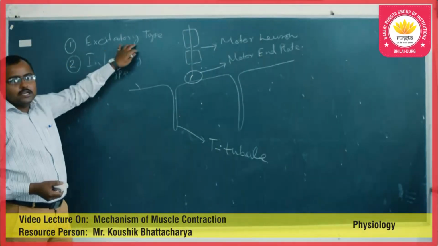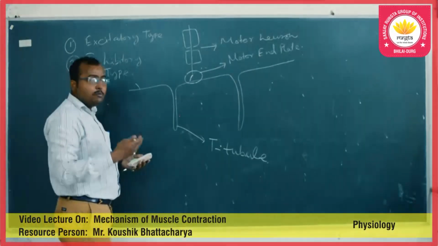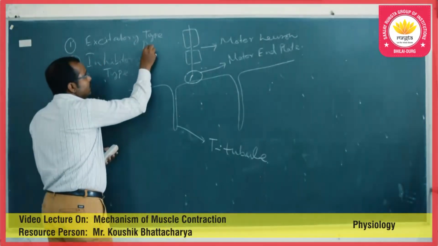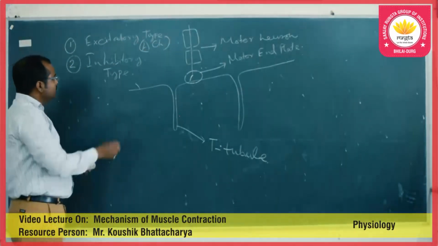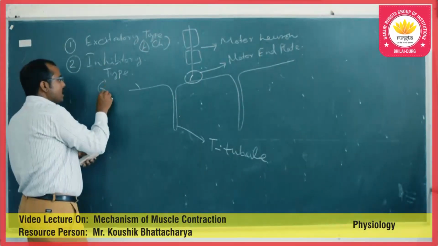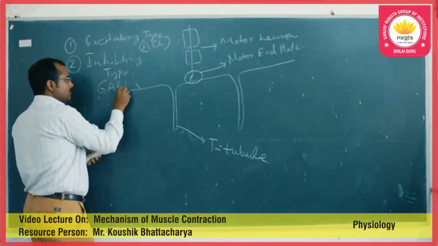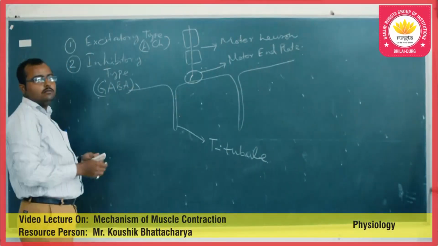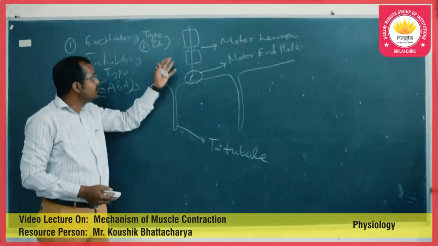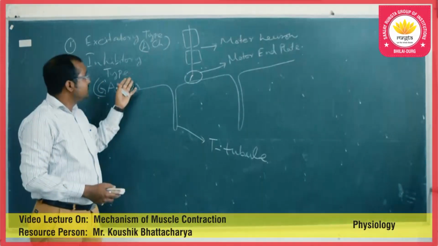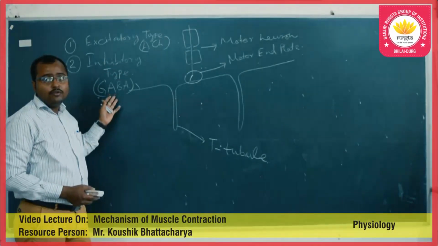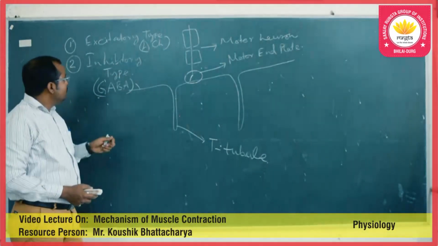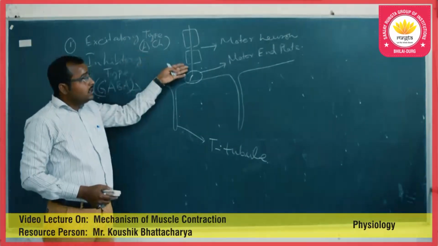In the first case, one famous example is acetylcholine, and for the second one, the famous example is GABA, right? Several examples are there, but these two are the main famous examples of the excitatory and inhibitory types of neurotransmitters, right?